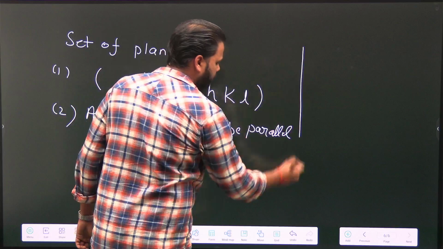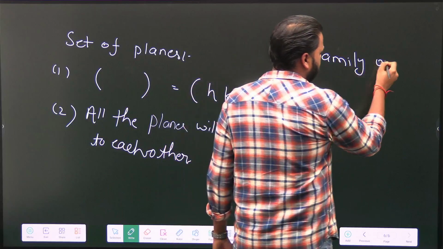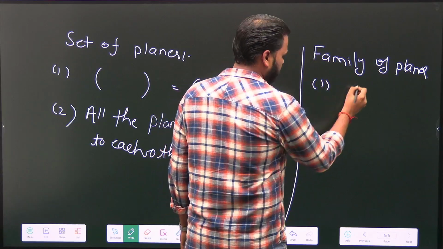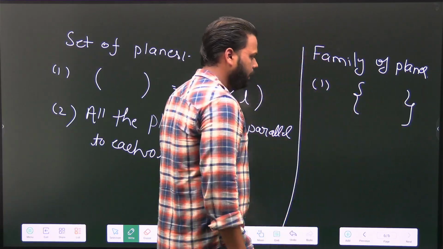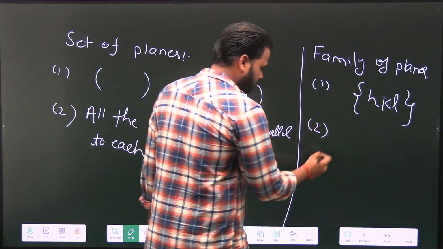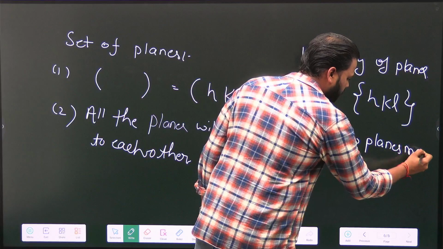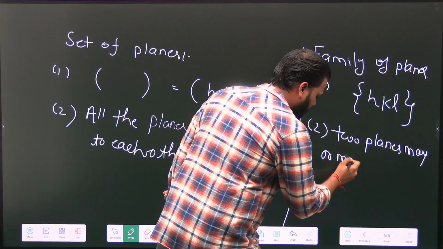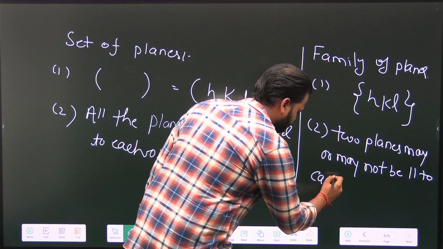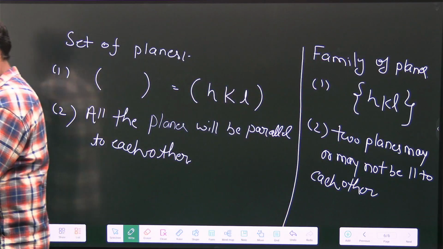But in the family of planes, the notation is this curly bracket, in which you have to denote HKL. And the second point is, two planes may or may not be parallel to each other.